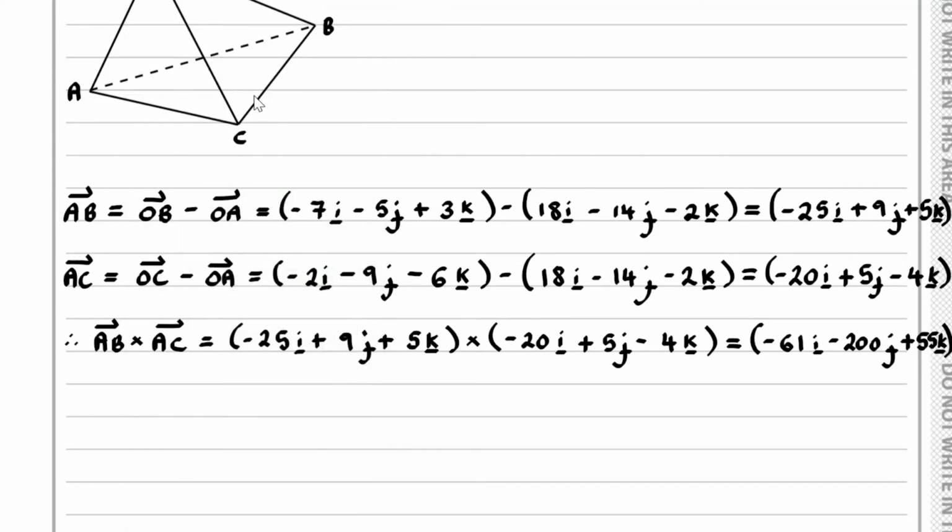And so therefore, for us to find the area will equal 1/2 times the modulus of minus 61i minus 200j plus 55k.